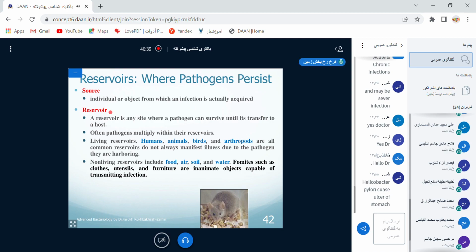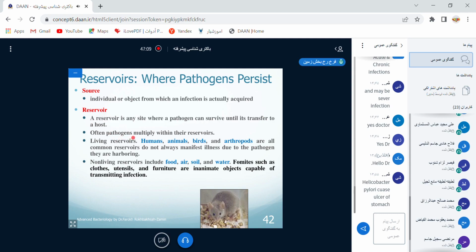Sometimes we are talking about the reservoir. We want to see what is the meaning of reservoir. A reservoir is any site where a pathogen can survive until its transfer to a host, a susceptible host.